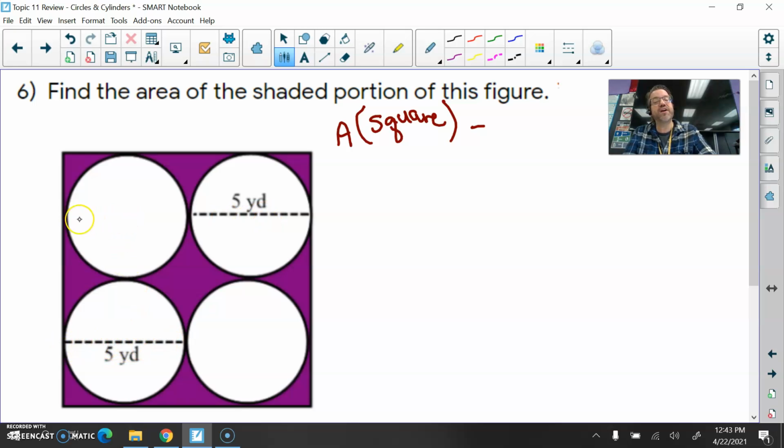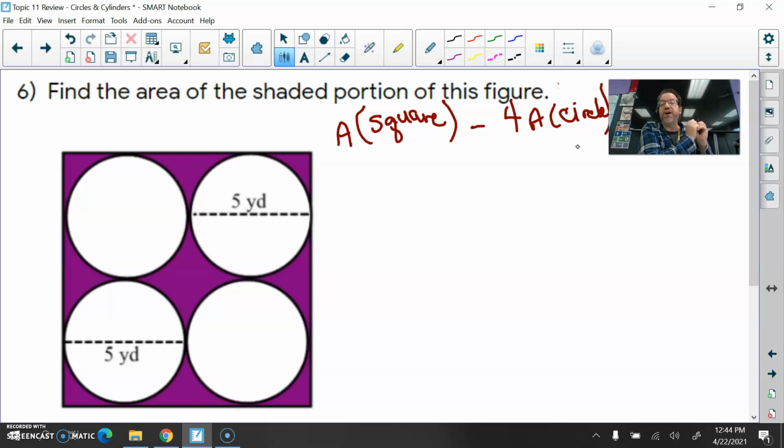So this one here has a diameter of 5, and this one has a diameter of 5 as well. They're all identical. So if you can find the area of one of those circles, you could multiply that by 4, and it would give you the area of all 4 of those circles.